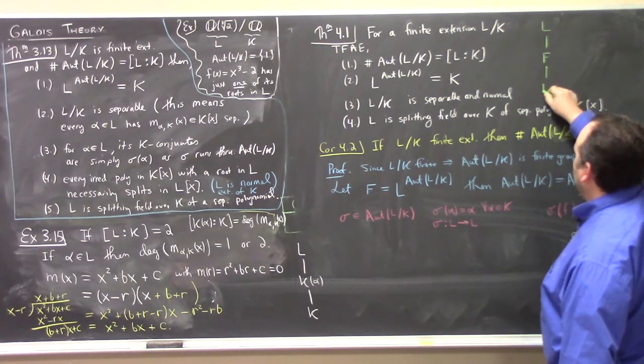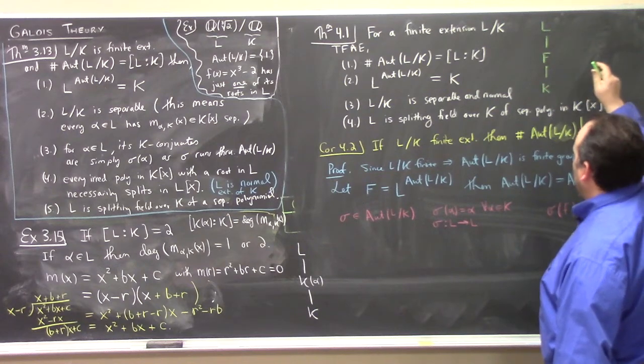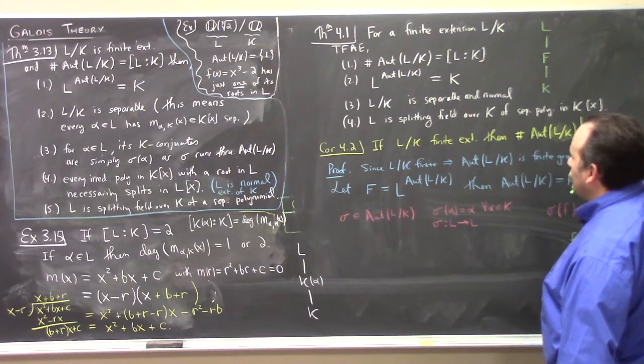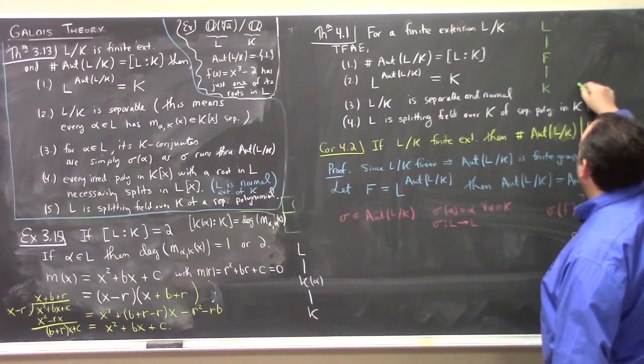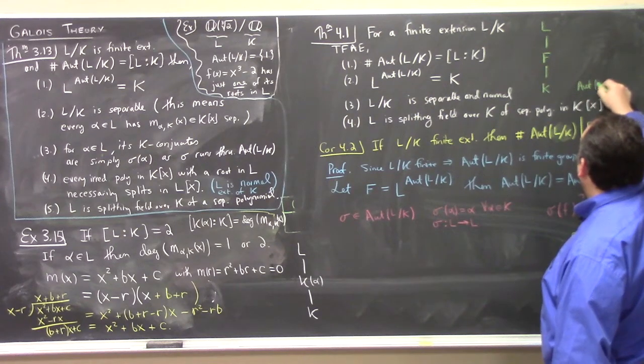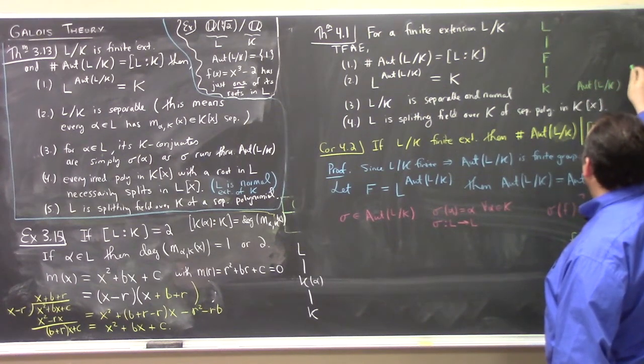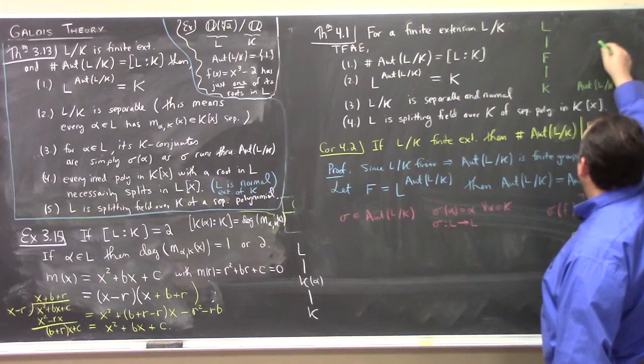Then we have Aut L over k on the bottom, and then Aut L over F, and then the identity.